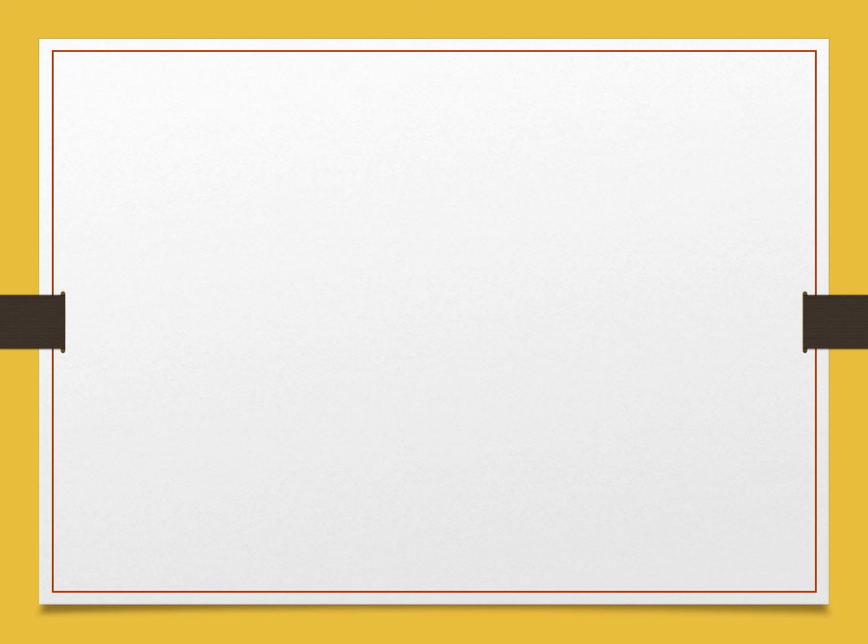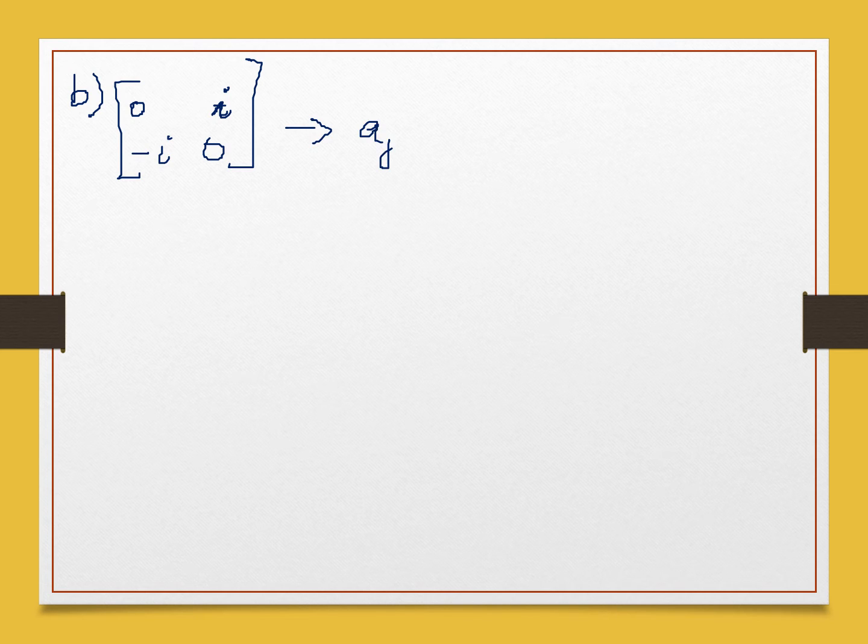If we go for matrix B, the terms are given as 0, i, minus i, 0. If I take the conjugate of it, it will become 0, minus i, and 0.